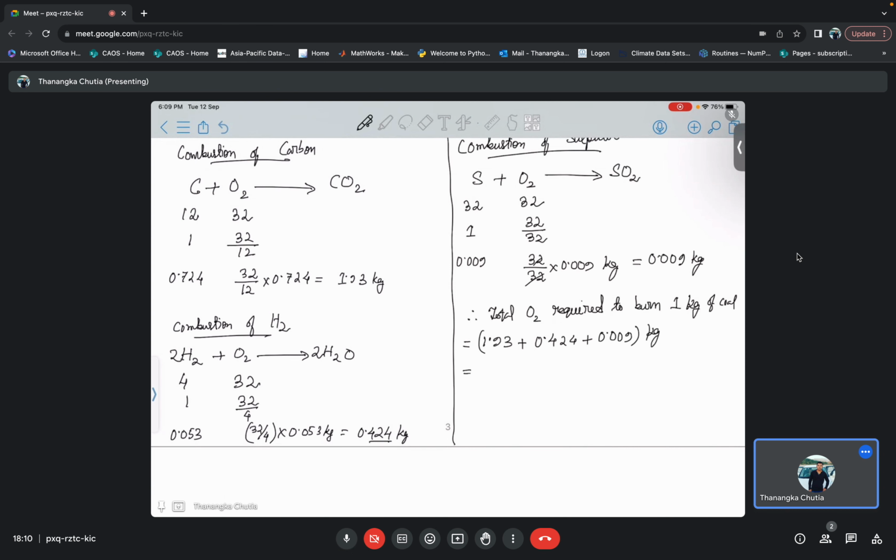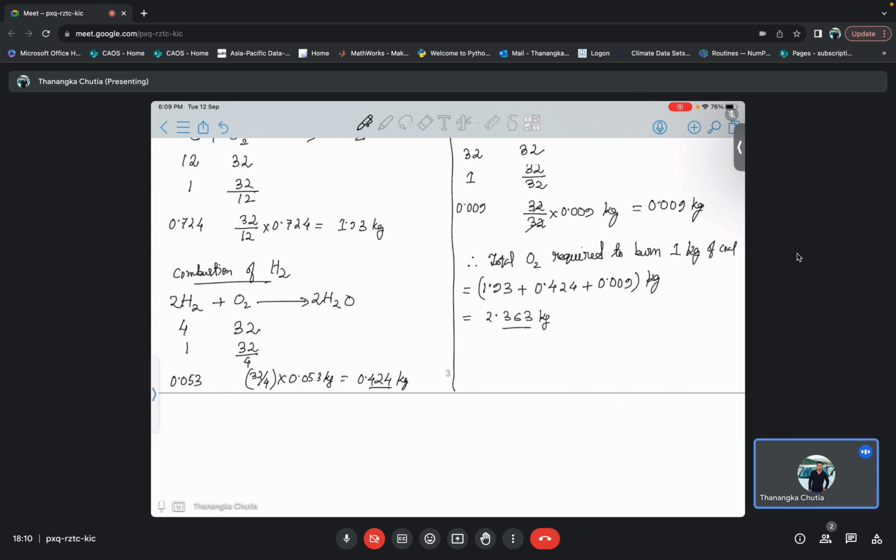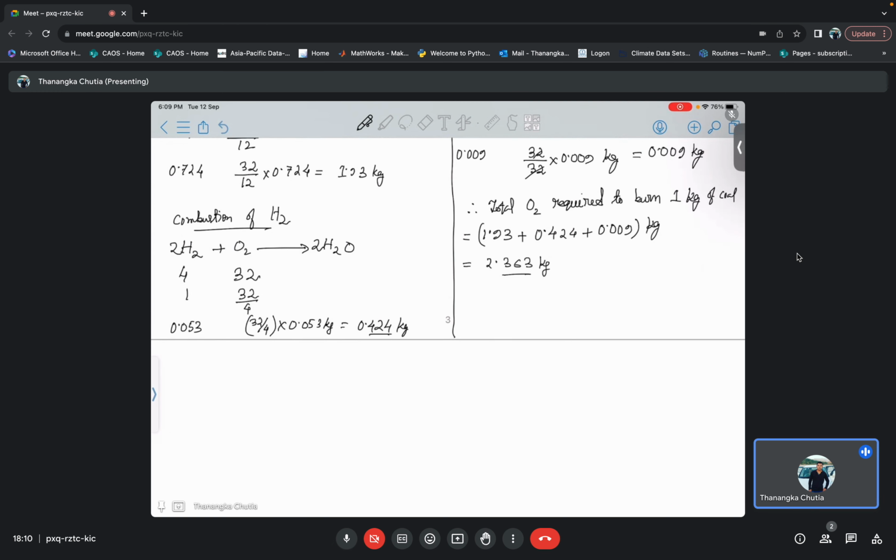Okay, so if you add this, you will get it as 2.363 kg. So this much amount of oxygen is required to undergo combustion of the coal having the given compositions.